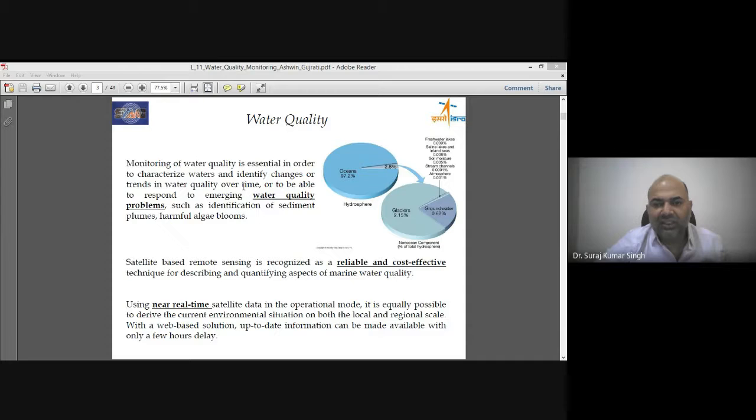Remote sensing and GIS, because of its multi-temporal characteristics, is very helpful in providing the spatio-temporal characteristics of water, whether in terms of volume or water quality, or to be able to respond to emerging water quality problems like identification of sediments, plumes, harmful algae. All those kinds of study which were previously field-based experiments can now be done in your system, using various software.